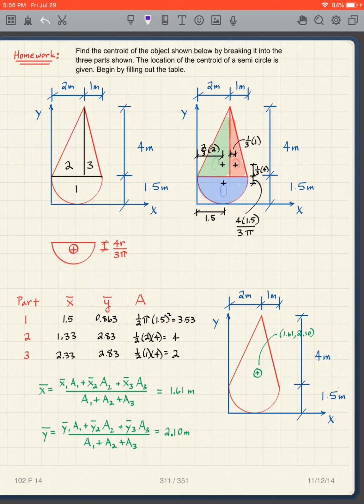For area 2 here, again, I use the 1/3, 2/3 rule. So I've got 2/3 of 2 in that direction, which is 4/3, 1.33. And then in this direction, I'm 1/3 of 4, but I have to add that to the 1.5, and that gives me 2.83.